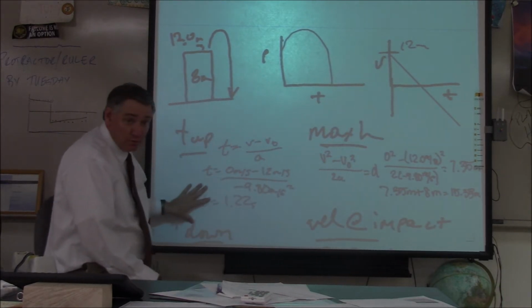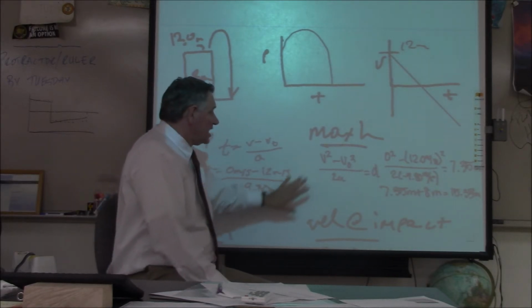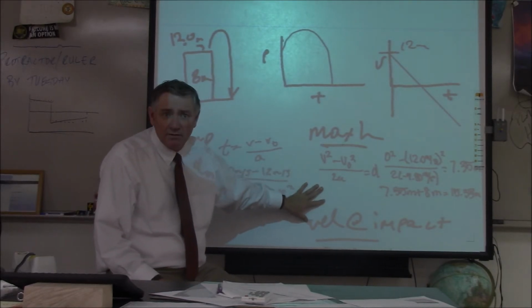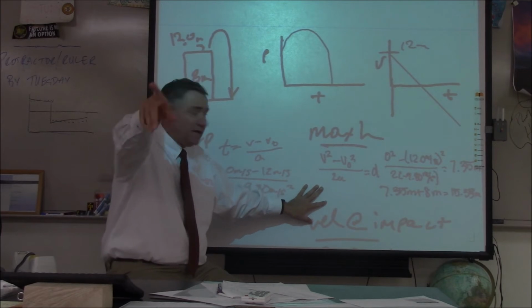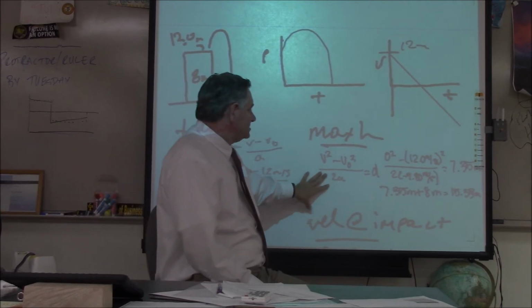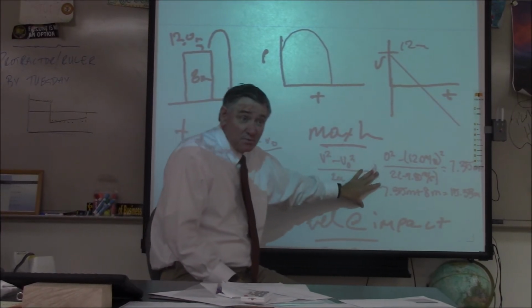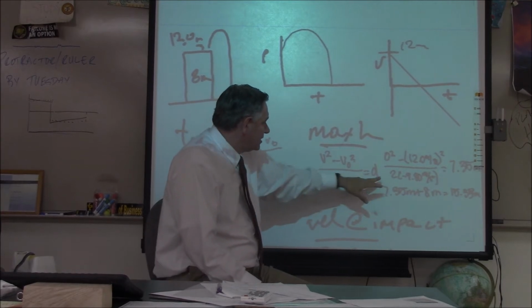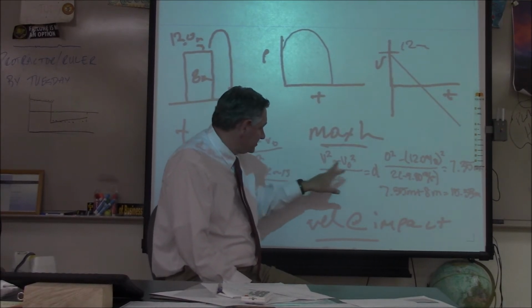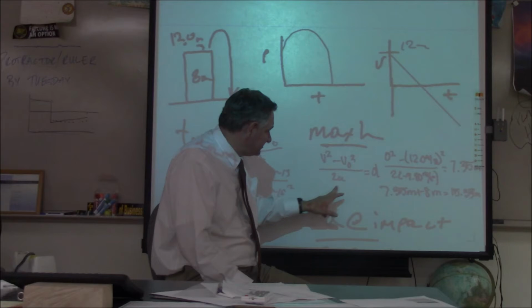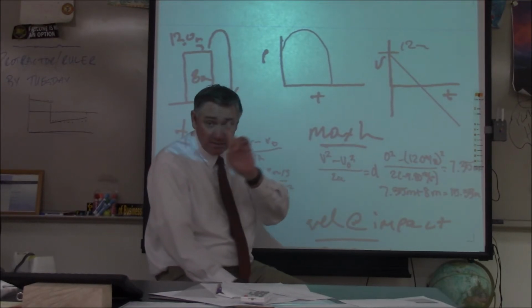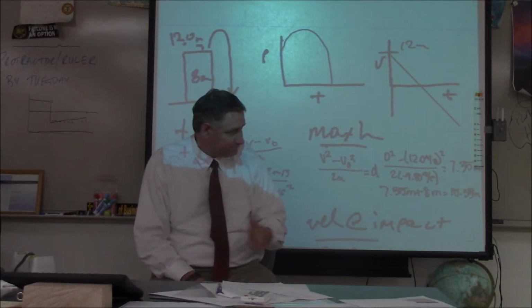So this is cool, right? Now, let's talk about maximum height. Who did this one? Okay, Hannah, you did this one, right? So here's the deal. This is nice, and this is what I liked about this. She solved for this equation. She used that equation, v squared minus v naught squared over 2a. And here's what I'm going to look for on the test.